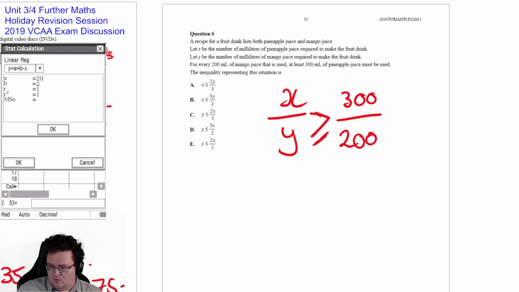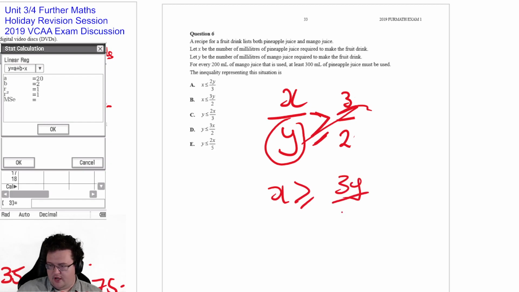Well, I can automatically knock off the zeros. And if I take that Y and multiply both sides by it, I get X is 3Y over 2.